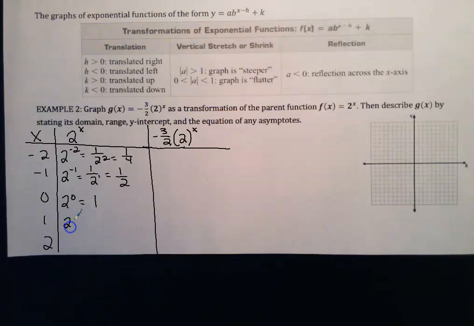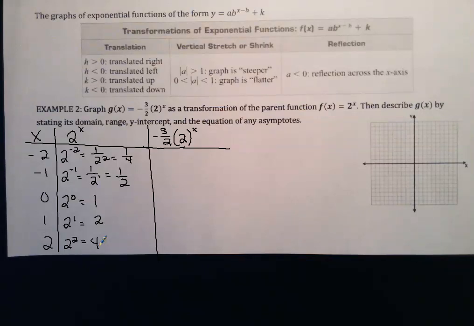What about anything to the power of 1? It's the same. It is itself. Those are always nice. 2 to the power of 2 is 4. Okay, so let's go ahead and graph our parent function.